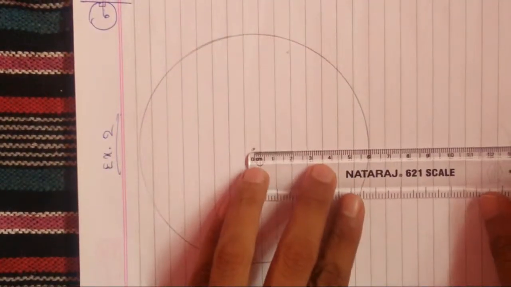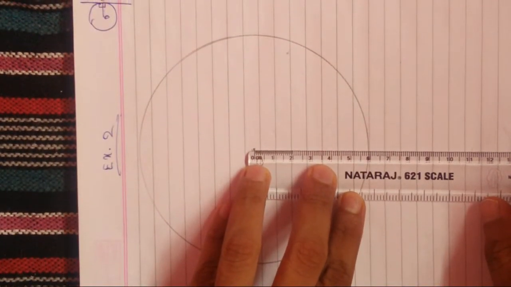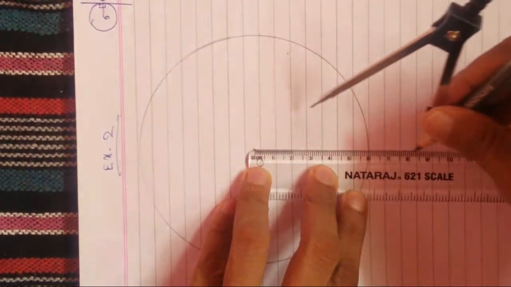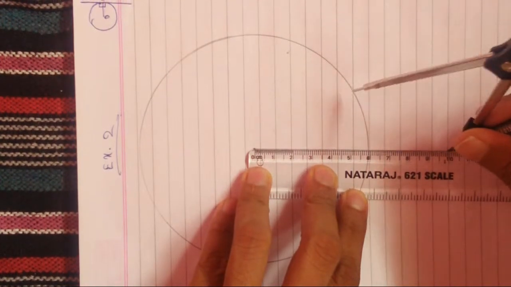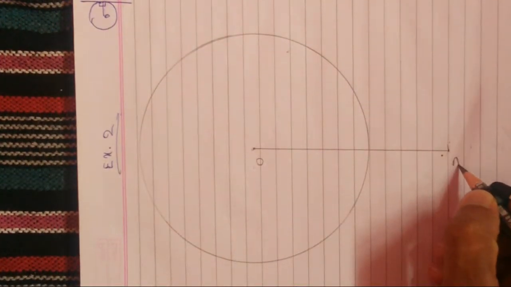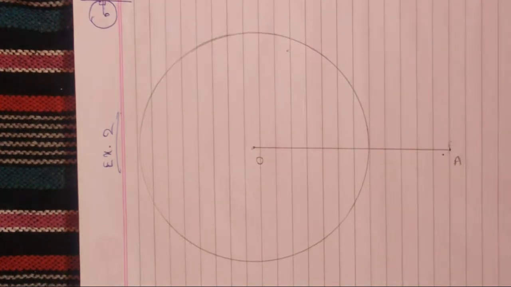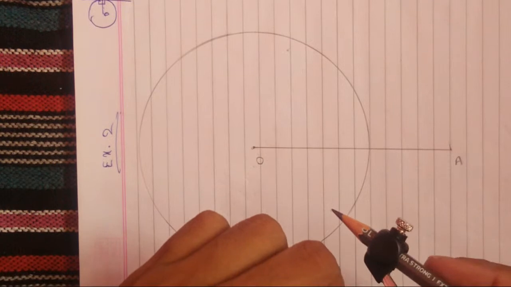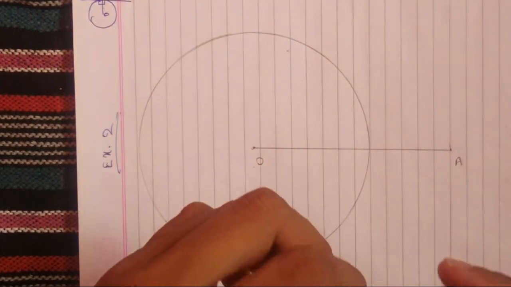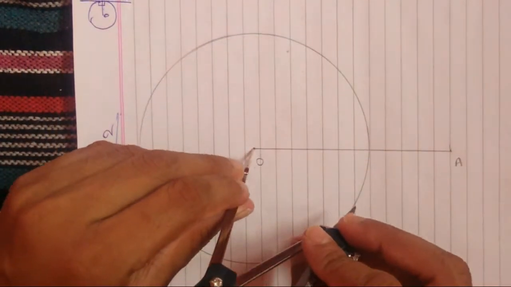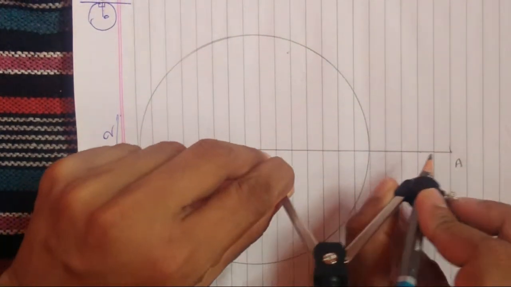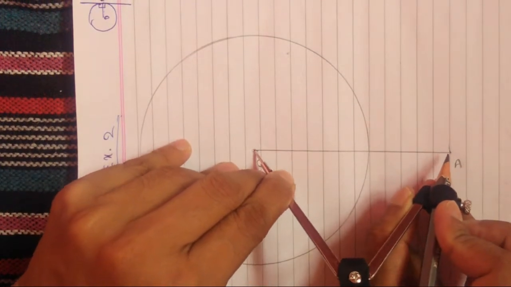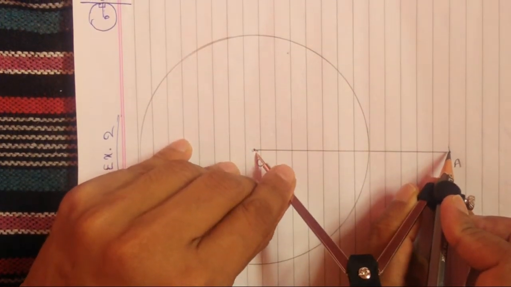So with the help of scale we have to draw a line of 10 cm from O, and I will call this point A. Next step, we have to draw the tangent. This is the total length, 10 cm.